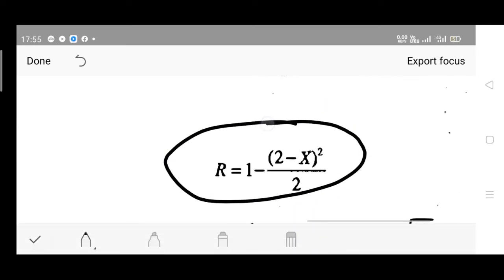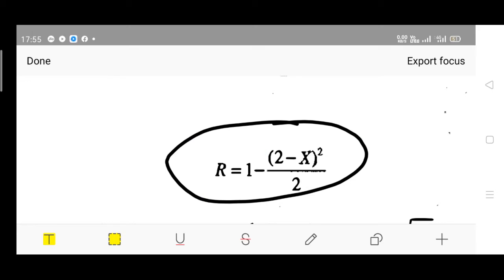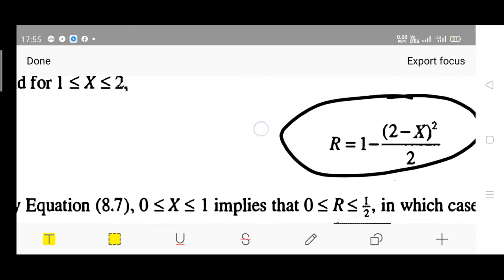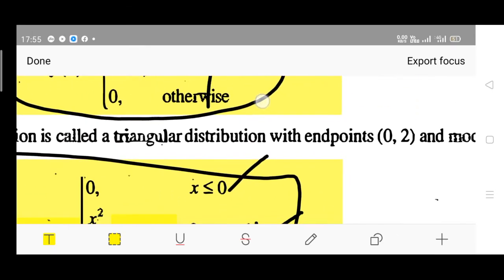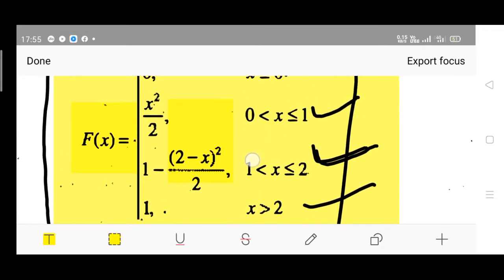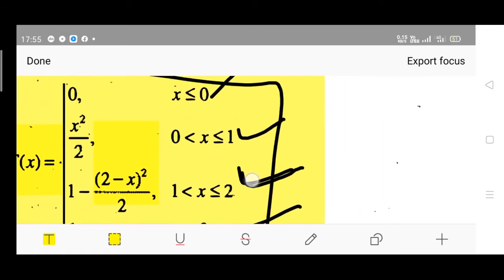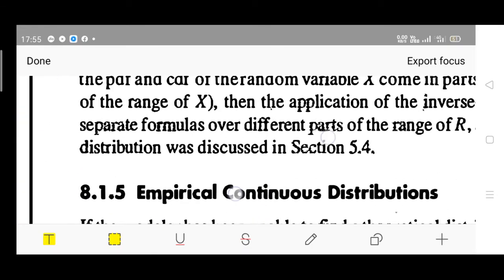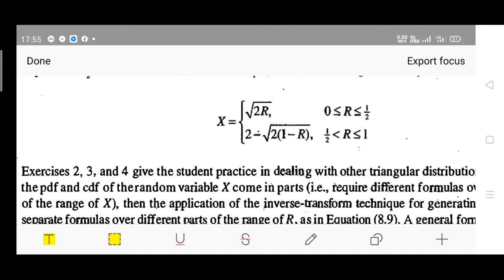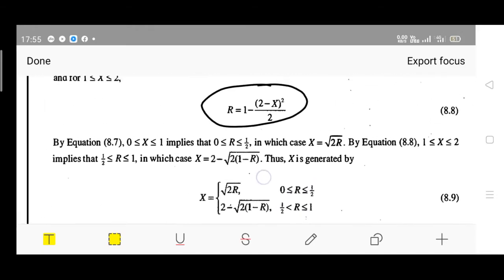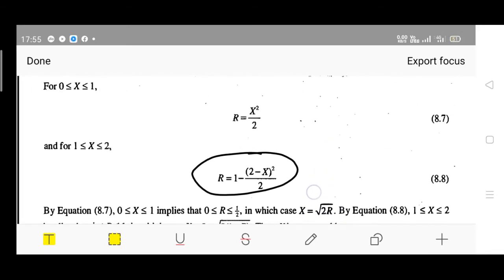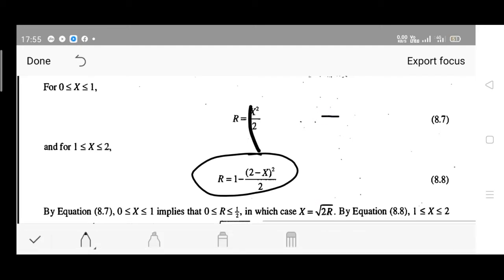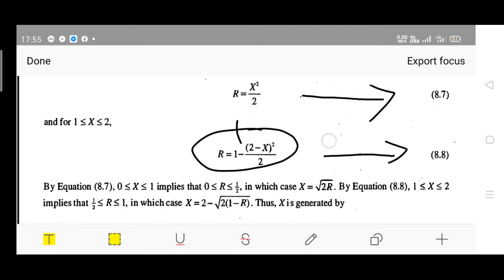These are the two expressions we have considered. Then it will become 1 for greater than 2, and 0 for x value less than 0. We are calling these with equation numbers: this is marked as 8.7 and this is marked as 8.8.